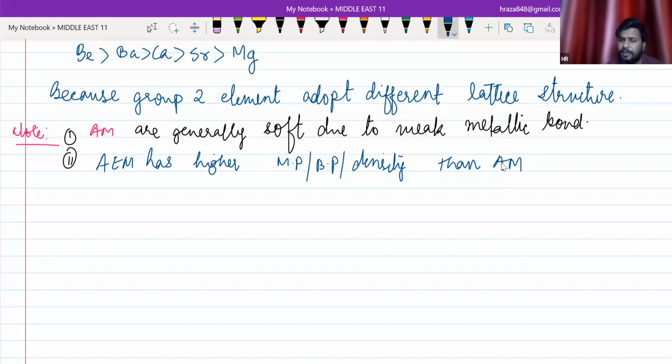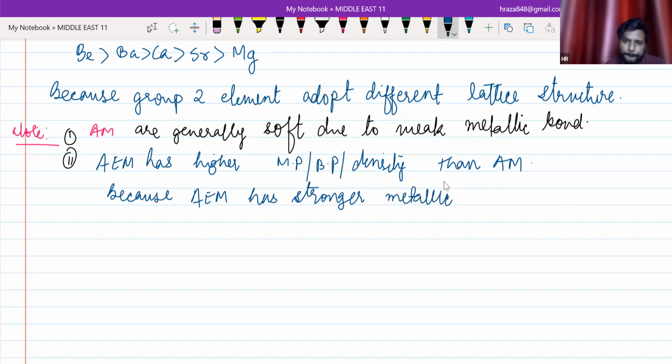A smaller size means greater metallic bond or a stronger metallic bond, because alkaline earth metal has a stronger metallic bond than alkali metal.